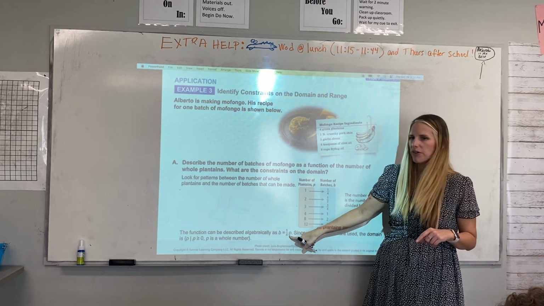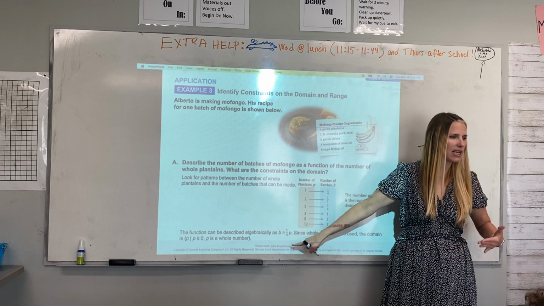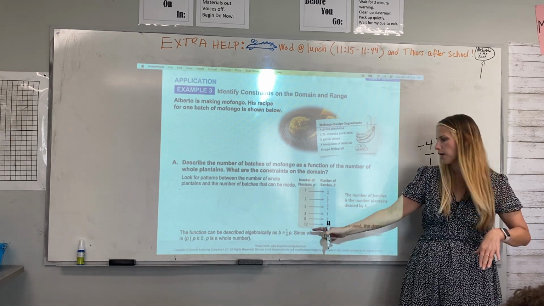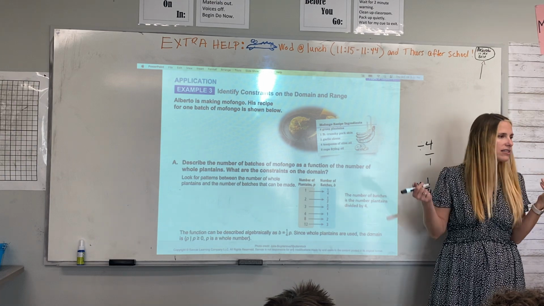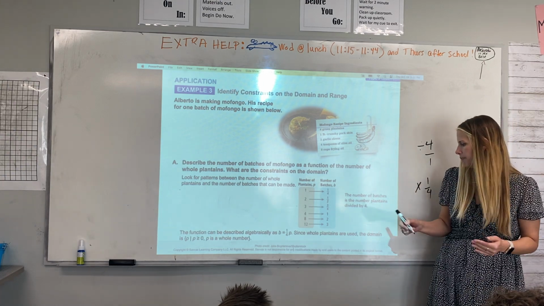So I take my number of plantains, I multiply it times a 4th, or I divide it by 4, and I get my number of batches. That's the function. That's the relationship, okay?